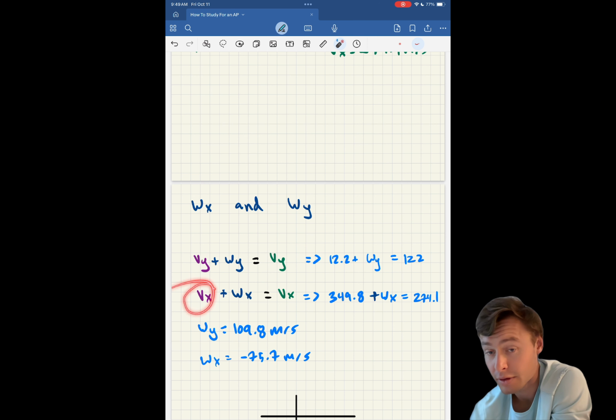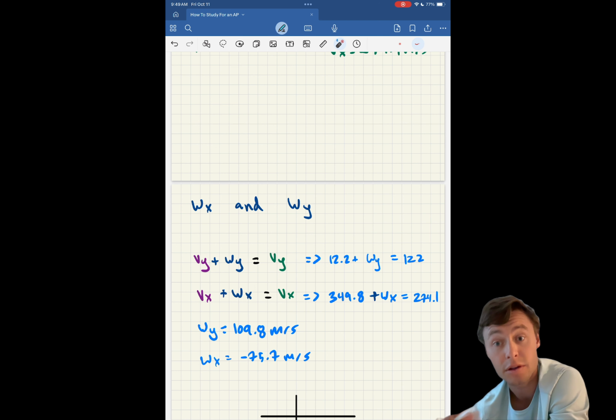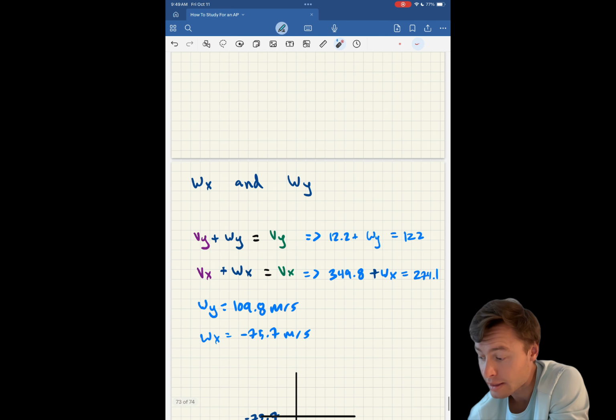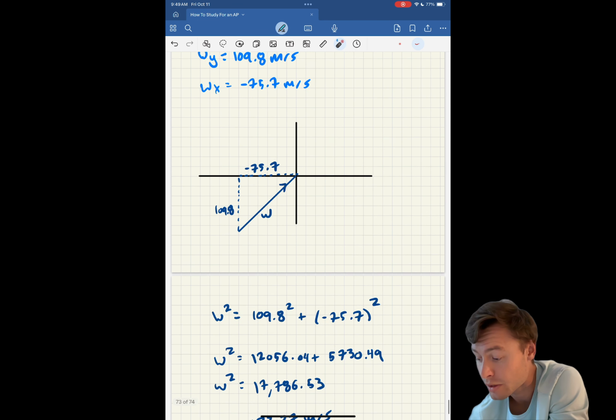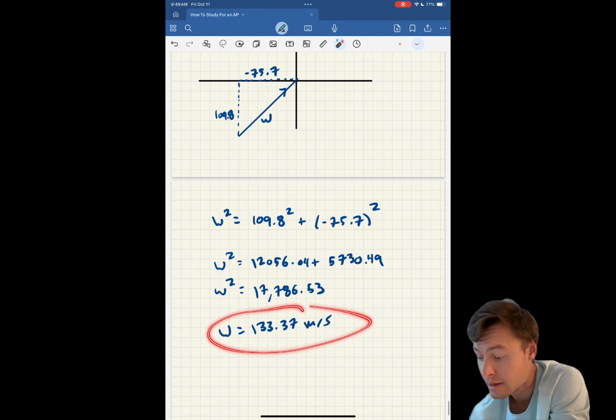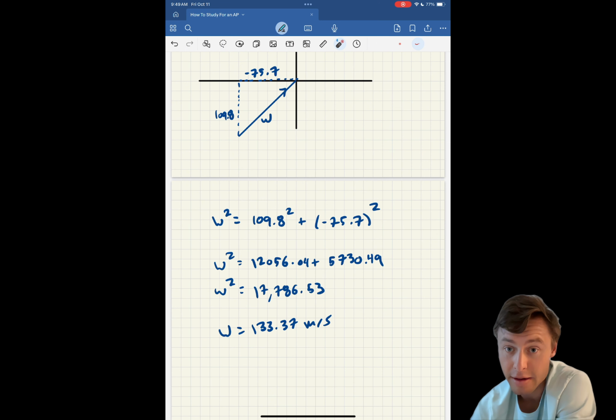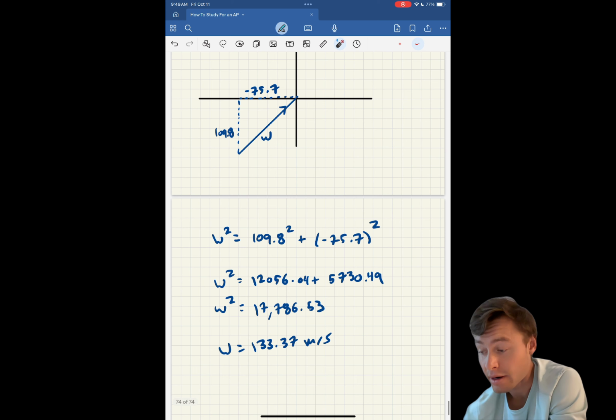The horizontal vector of the original plane plus the horizontal vector of the wind is equal to the horizontal vector of the new trajectory. All we did was then plug in the numbers that we got in the beginning. We solved for our components of our wind, and then we used Pythagorean's theorem to figure out the magnitude of that wind vector.